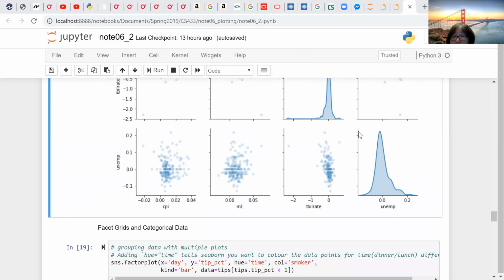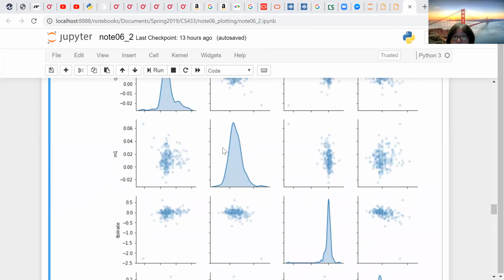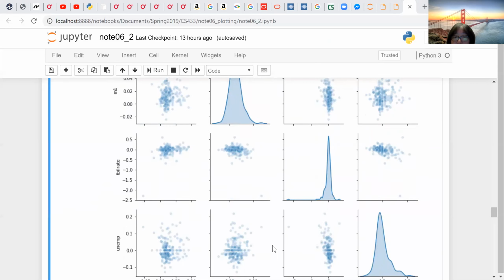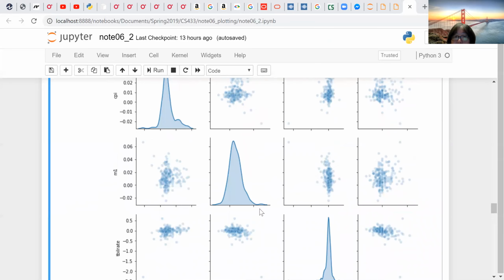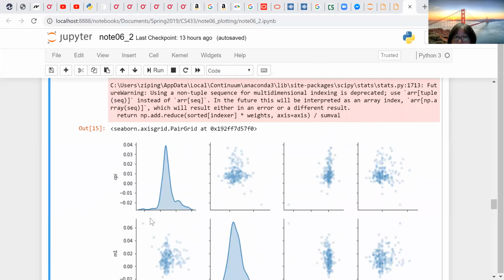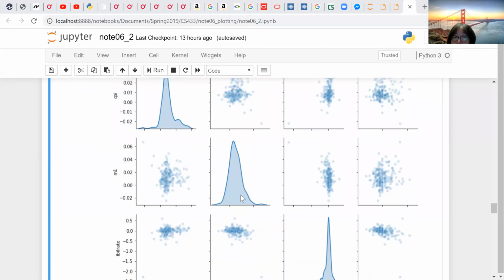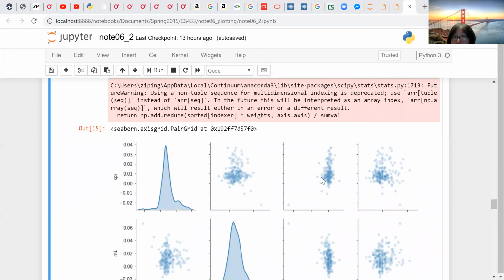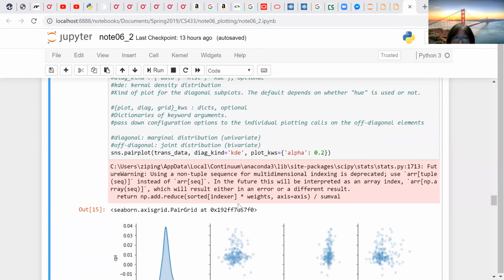And the diagonal ones are about the distribution of that specific feature. So this is the CPI distribution, and this is the M1 distribution. And for all of the others, it's scatter plotting. So that's what this pair plot does.